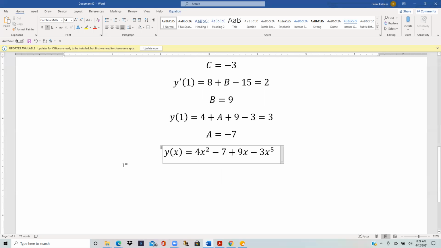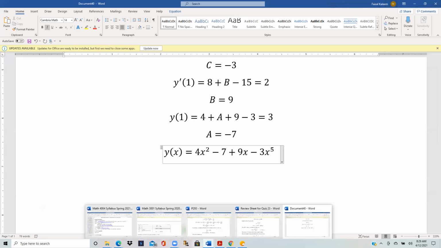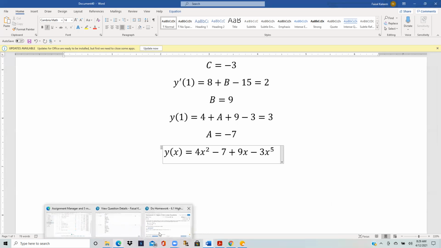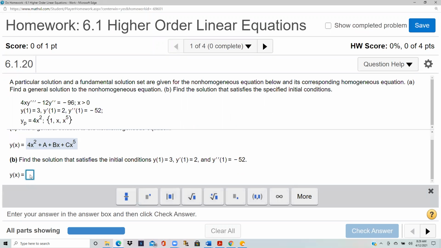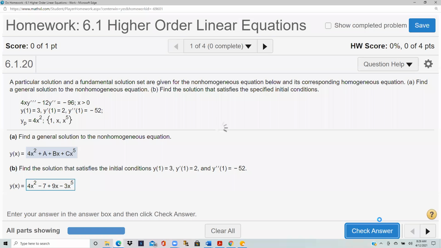Okay, so that's our final answer. 4x squared minus 7 plus 9x minus 3x^5.